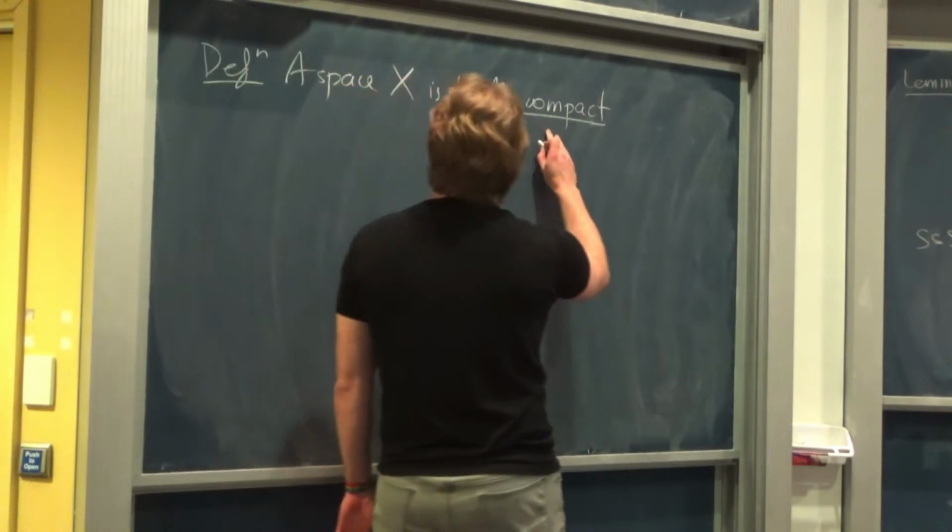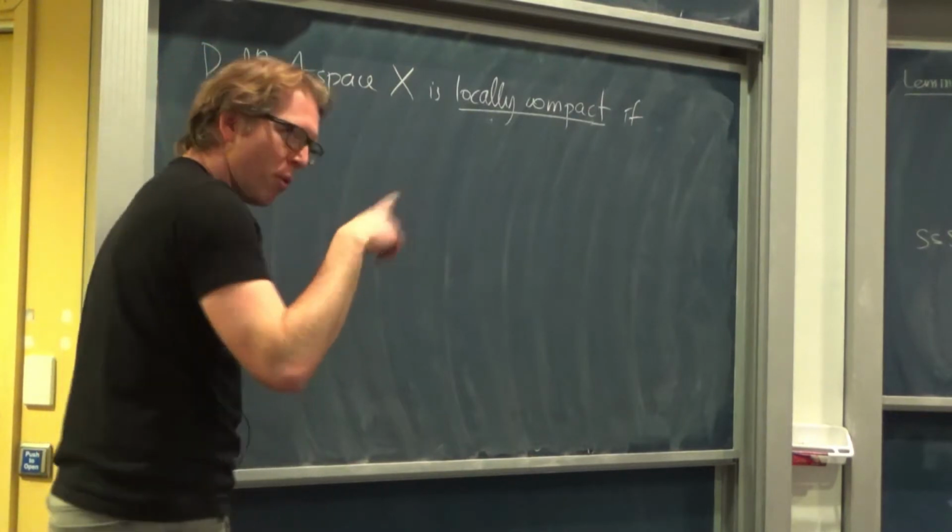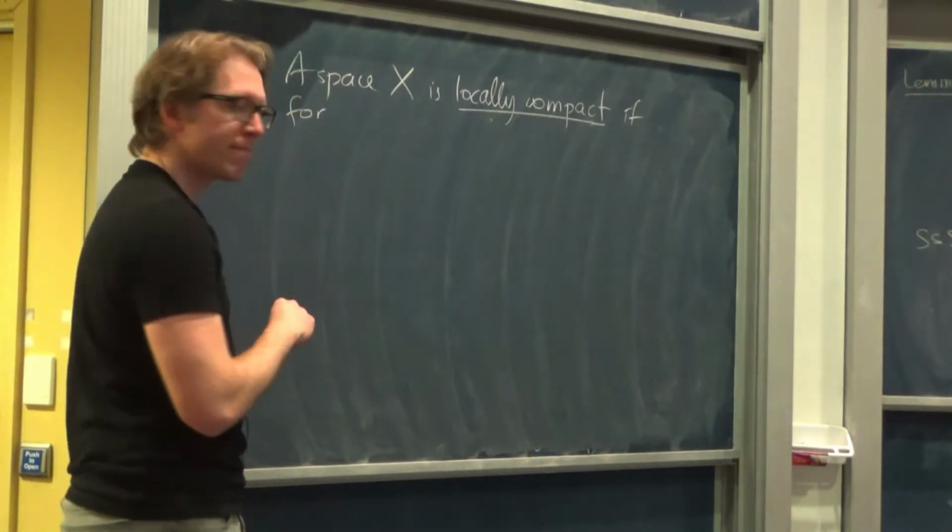So X is locally compact if, around every point, it sort of looks compact.